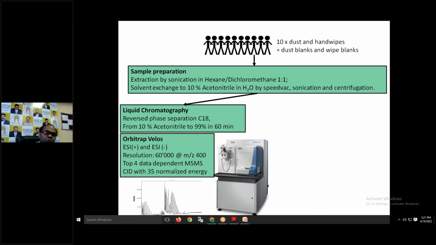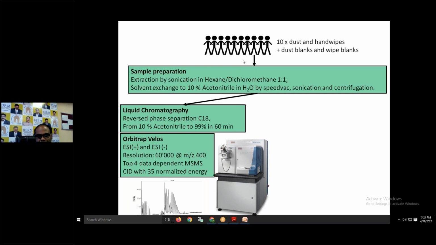So coming to the procedure, how we are going to use this. You can see here 10 people are there, dust and hand wipes, so dust and wipe blanks. We are taking samples from 10 people.